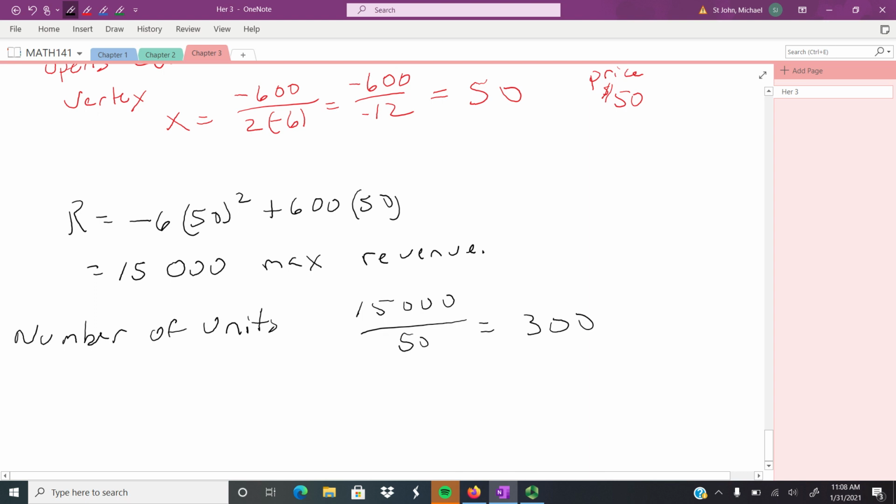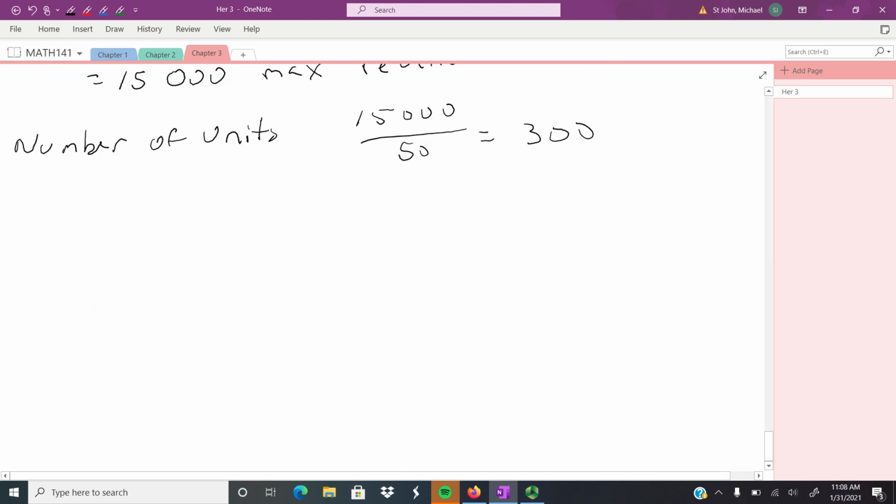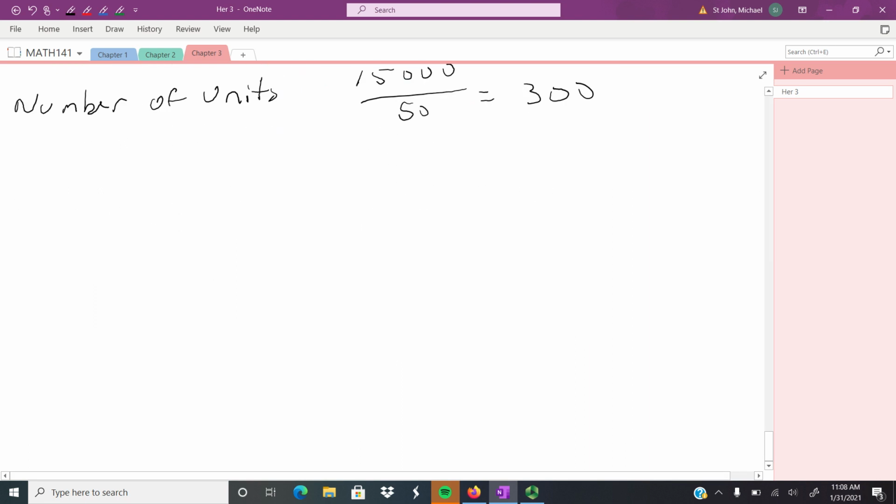Okay. And then the last thing that is solving an inequality. So given something like this, 4x squared plus 9x is less than 6x.